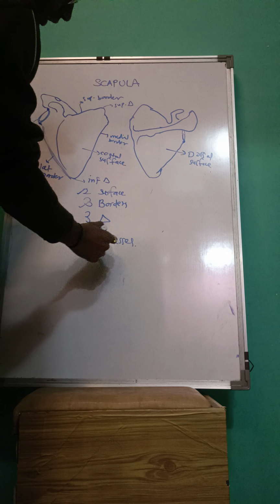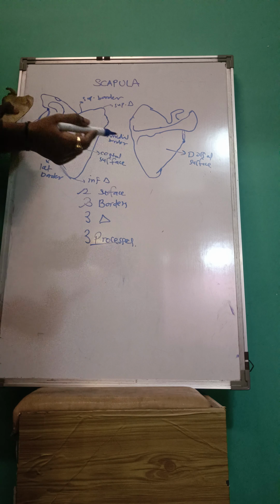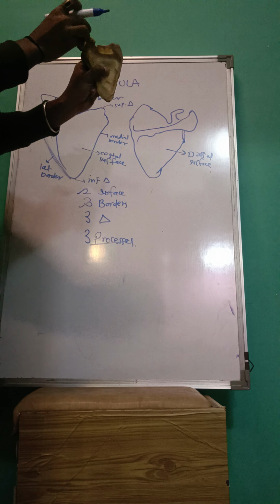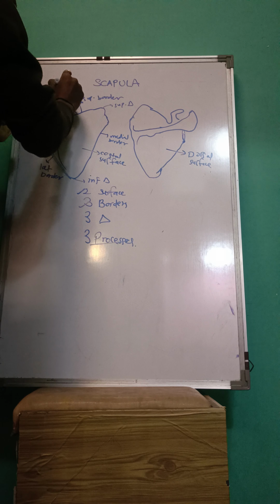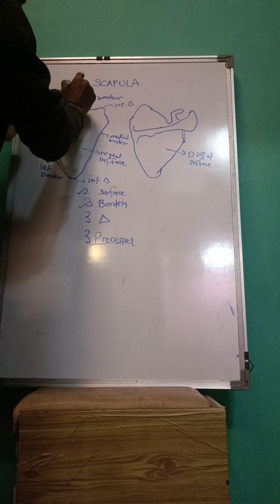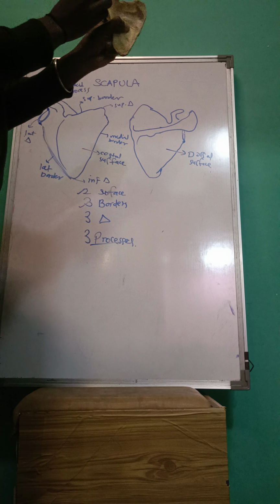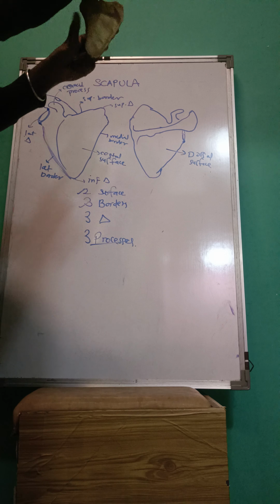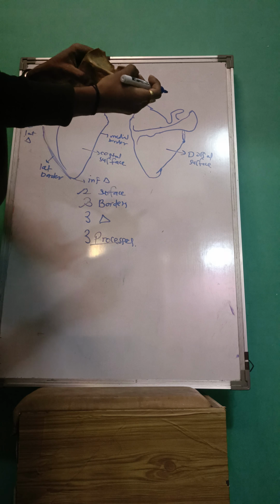And there are three processes. The first is the coracoid process, a crow-like projection. This is the acromion process.